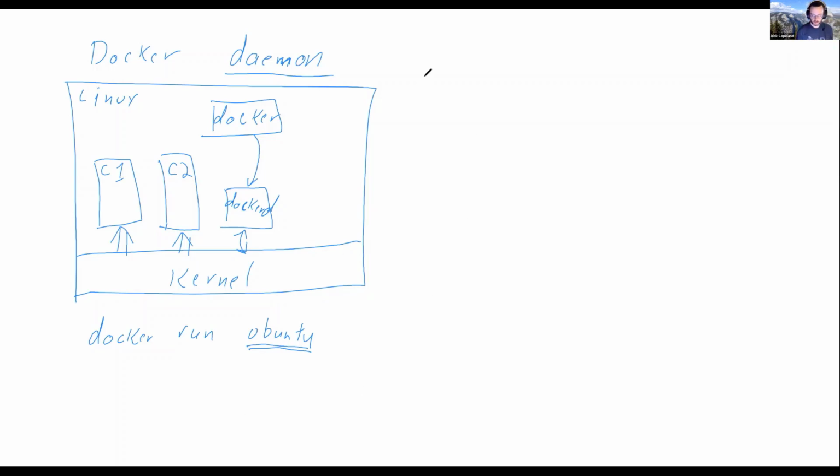So what's an image? I guess there are two main things that we need to understand about Docker. We have containers. And a container is that thing that has some processes. And a process is just a program that's running.